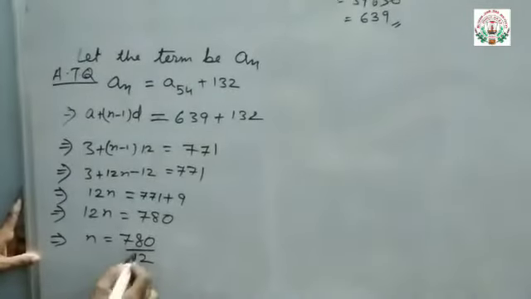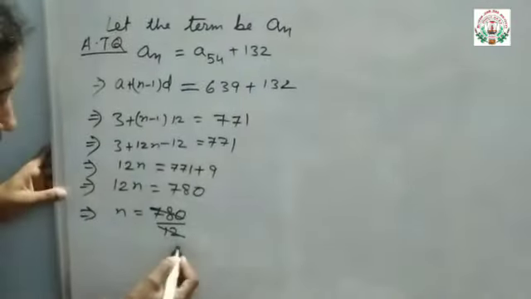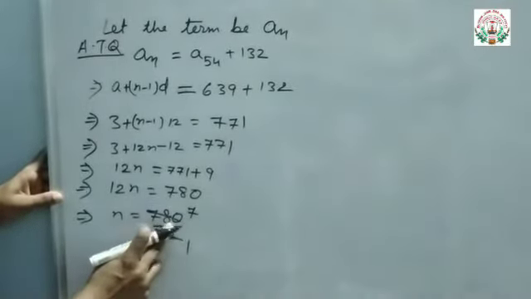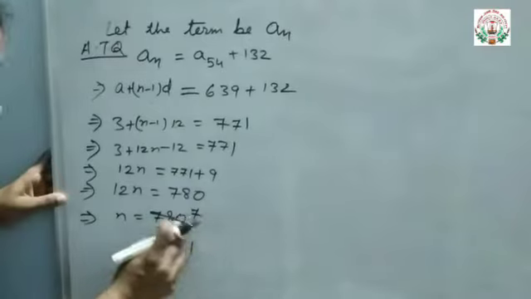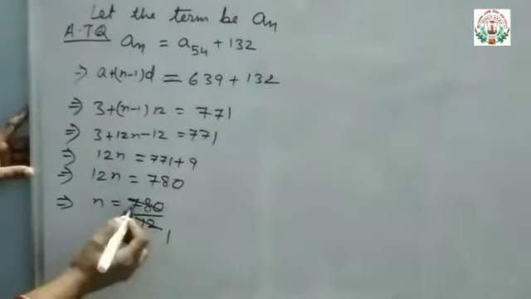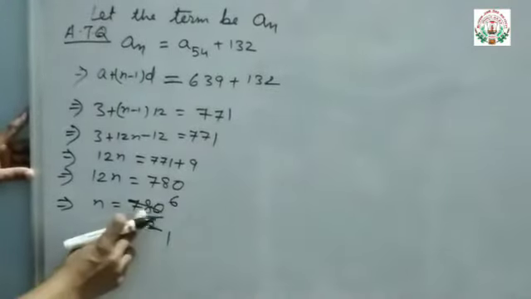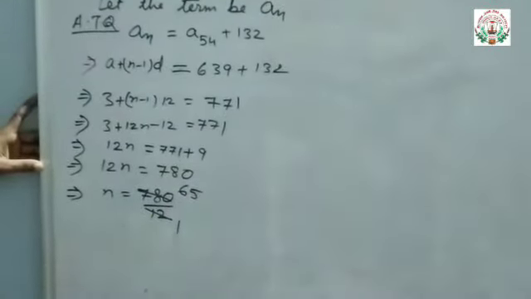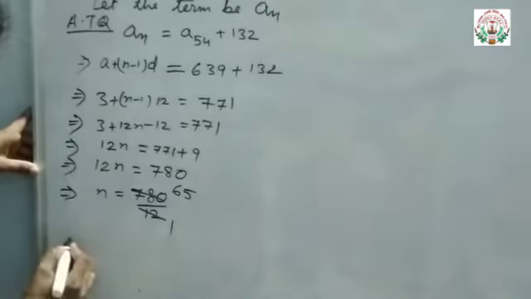On division you will get 12 ones are 12, 7s are 72. So 6 remainder here. Now 12 ones are 12, 12 sixes are 72. Then 5, 60. So the answer will be thus.